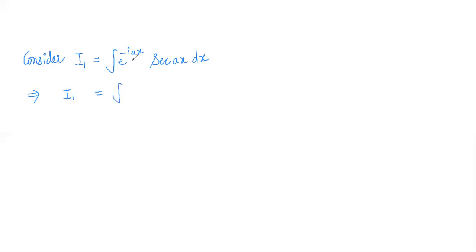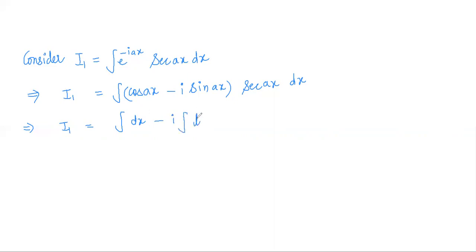Let us use the result which we have for e raised to power minus iota ax. Cos ax minus iota sine ax times secant ax dx. This will give us integral of dx minus iota, and this term will become tangent ax dx.